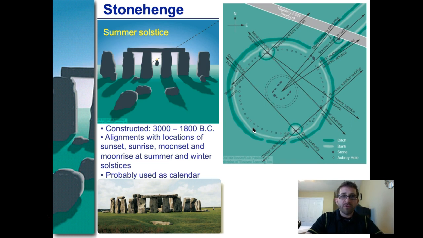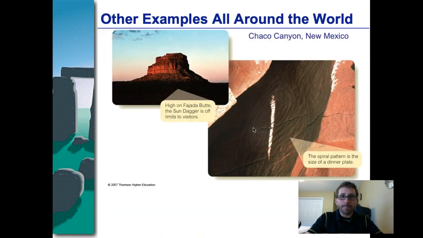So there's the summer solstice with the heel stone right there. This one is in the United States. This is in Chaco Canyon, New Mexico, and it's on a butte, and this is called the Sun Dagger.